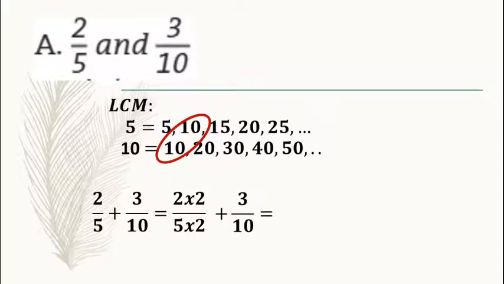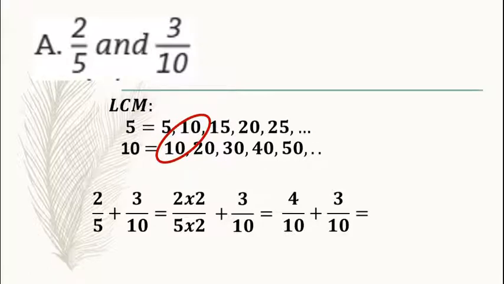So we need to solve now. 2 times 2 is 4. 5 times 2 is 10, so 4/10. Plus, copy your second fraction, 3/10.